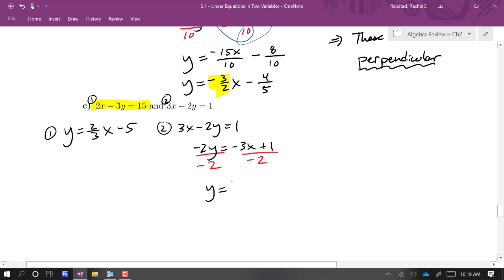Splitting this up over the addition in the numerator gives us negative 3x over negative 2, which is a positive 3/2 x, and then minus 1/2. So now compare these slopes, 2/3 and 3/2. They're obviously not equal to each other, but they're also not opposite reciprocal. One slope is the reciprocal of the other, but with the same sign. So that means that this is neither parallel nor perpendicular.